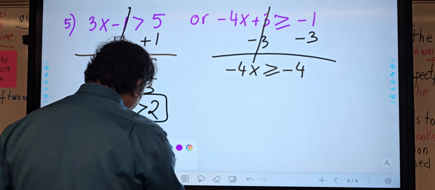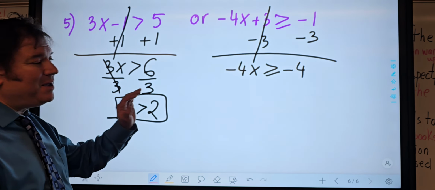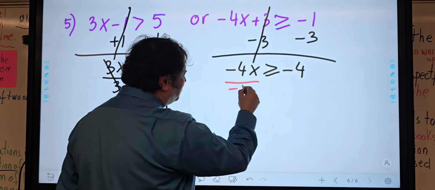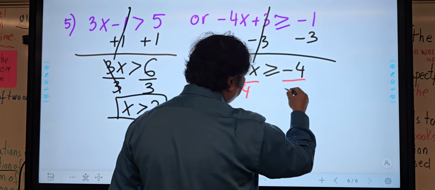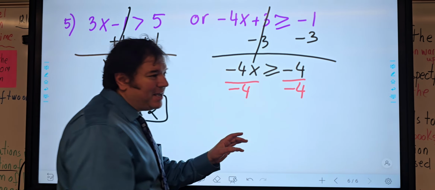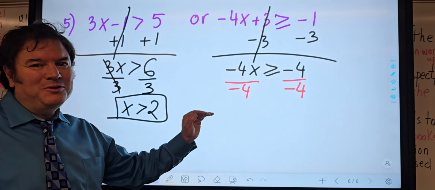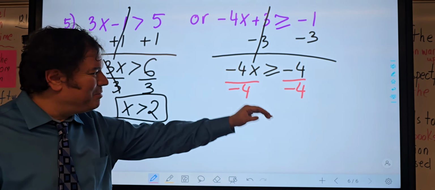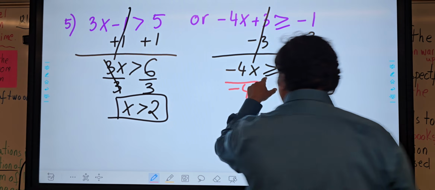And now we have to be very, very careful again because we are going to divide by negative 4 in order for us to solve for x. And remember again, every time we divide or multiply by a negative number, in this case, we are dividing by a negative number, and we have an inequality.